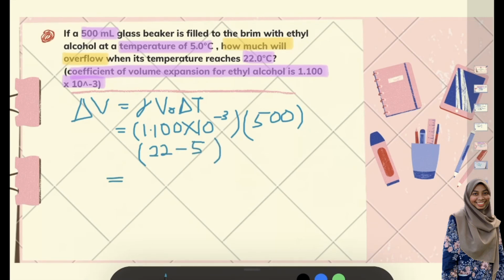Okay, so the answer is 9.35 ml. So this is the answer.